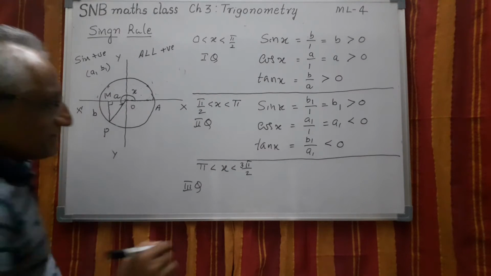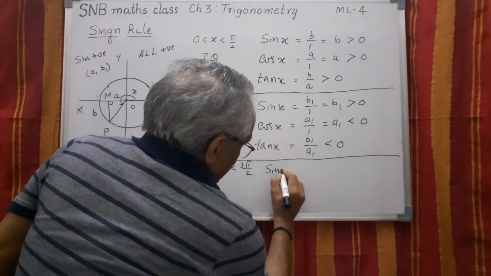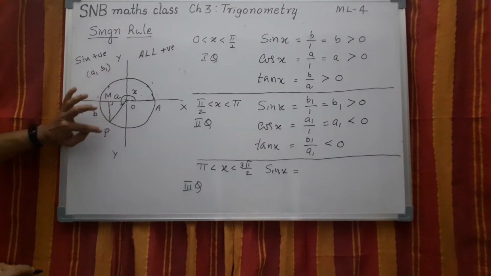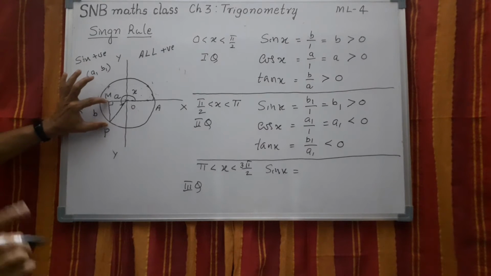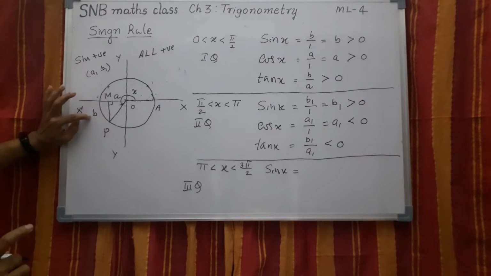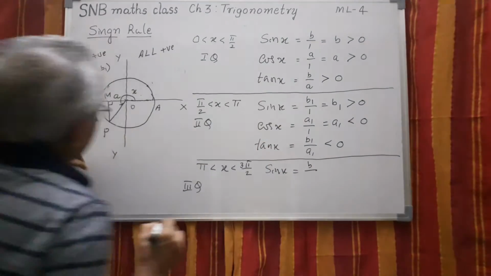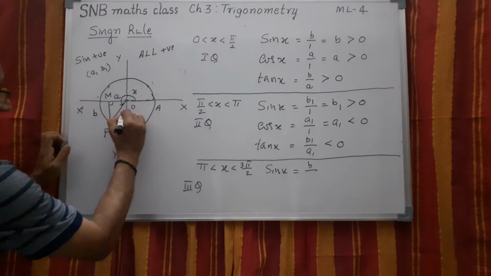So x lies between pi and 3 pi by 2. What is sin x? Sin x is the perpendicular drawn from this point to the x-axis, that is taken as b, this one. So this is b divided by the hypotenuse, this is 1 because it is a unit circle.